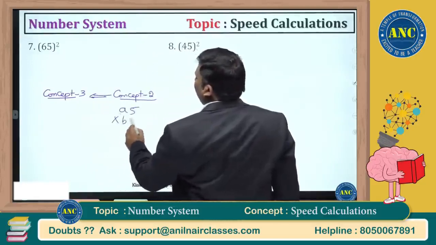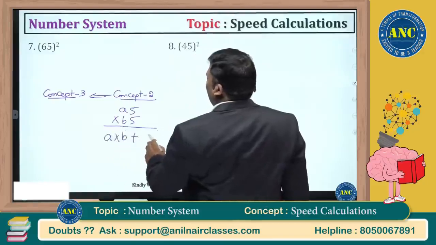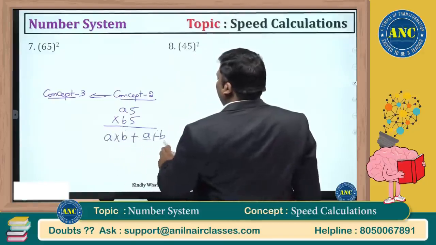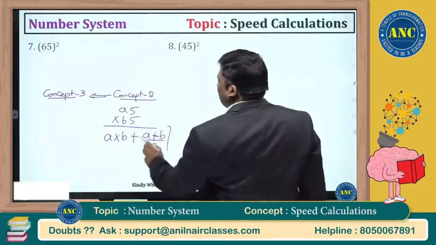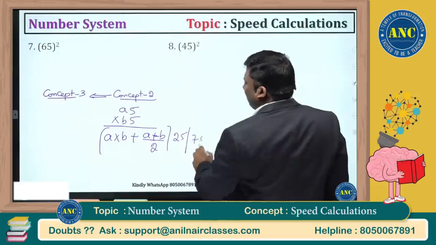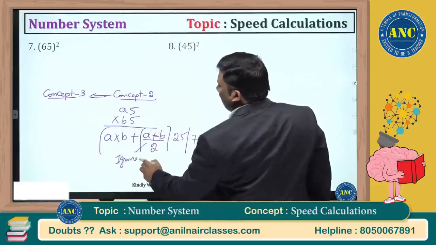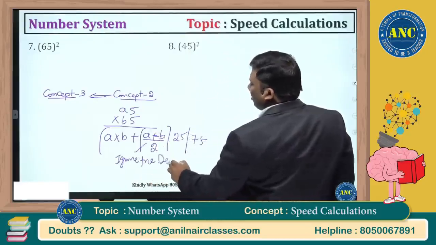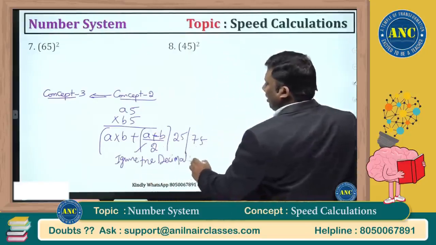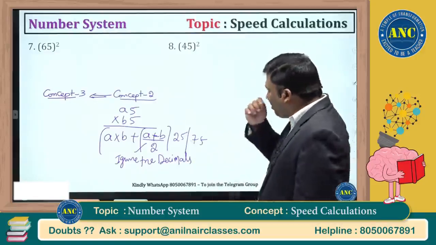A5 into B5. The answer is nothing but A into B plus A plus B by 2, ending with either 25 or 75. Here we have to ignore the decimals.